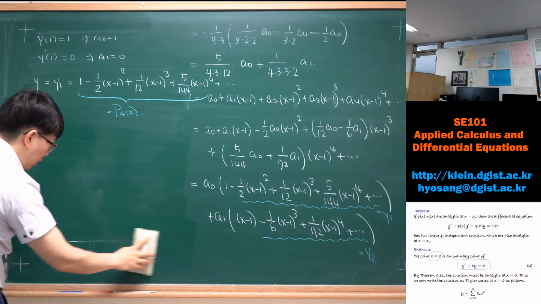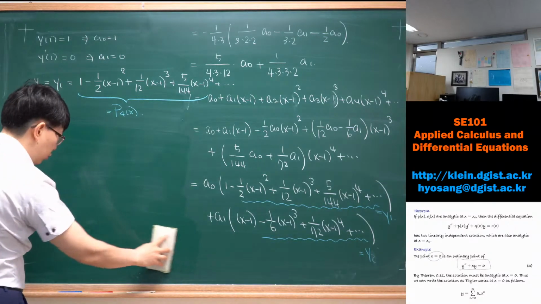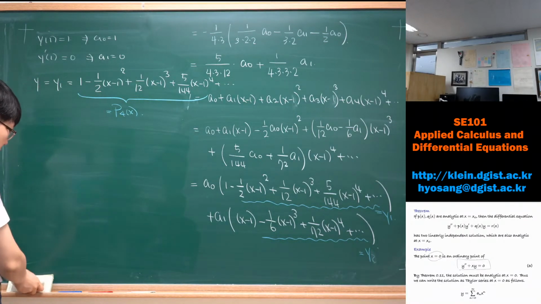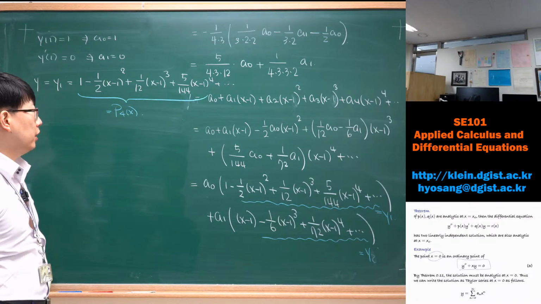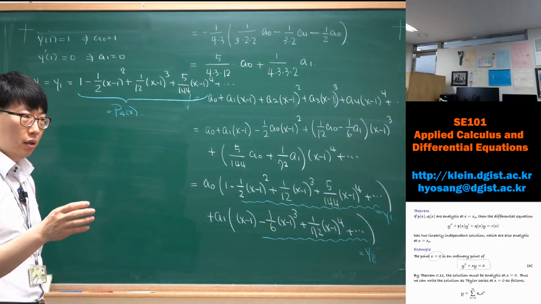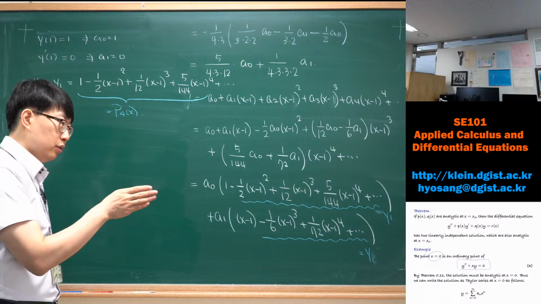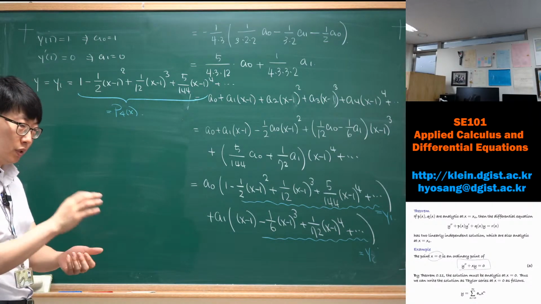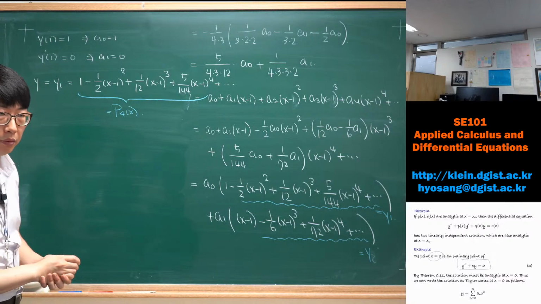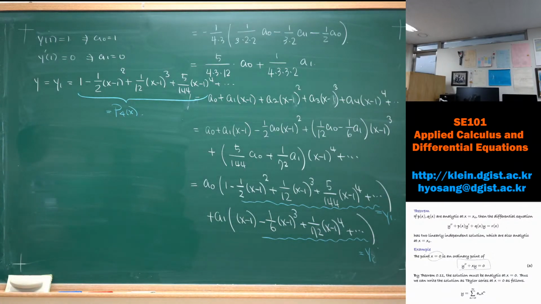If there is no initial value condition given, then you can choose your center freely as any ordinary point. In an actual problem, the problem will ask you to find a series solution centered at a particular ordinary point. Okay, so you have to worry about which ordinary point you have to choose.